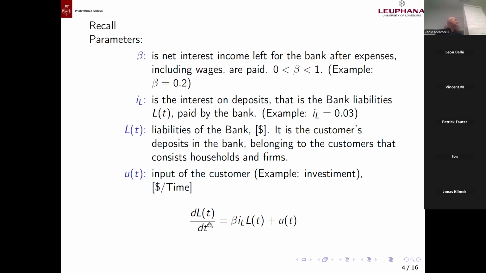X derivative means x, the derivative with respect to the time, equals the parameter a multiply x plus u. If you remember in math, this is an equation which we can solve somehow. If this beta multiply IL is given, if U is given, it's a linear equation. I'm considering in this model as a linear equation.